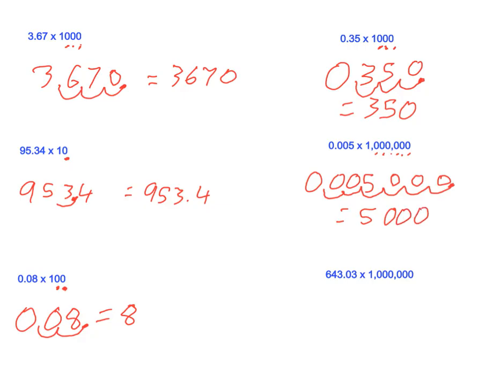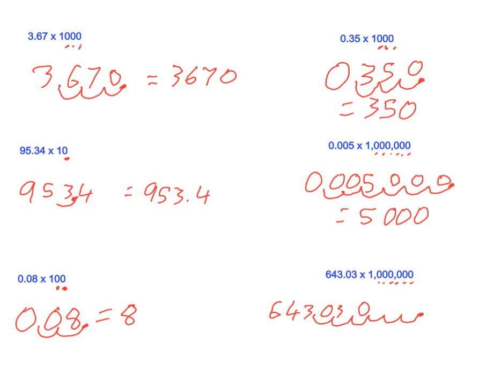And the last one, 643.03 times a million. 1, 2, 3, 4, 5, 6 zeros, which means the decimal place will move 6 times. 643.03. The dot was here. I'll move 6 times. 1, 2, 3, 4, 5, 6.